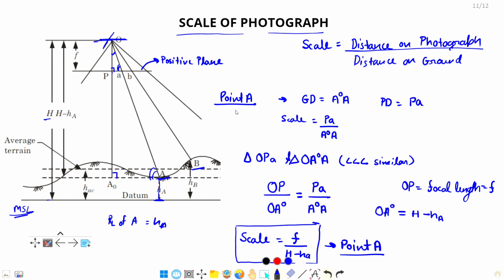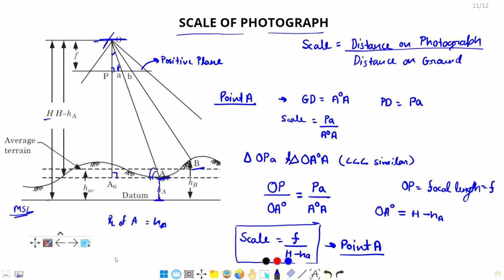So for point A it is HA, so it is F upon H minus HA. But for point B it is HB. You can see here also for point B it is HB. So if you use this triangle and this triangle, you will calculate different values of scale.